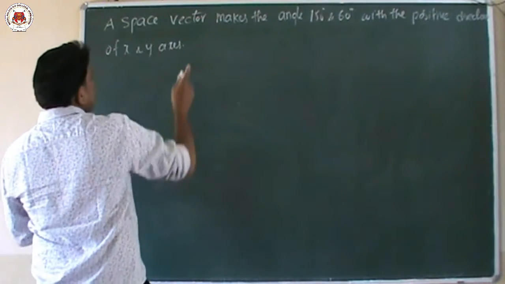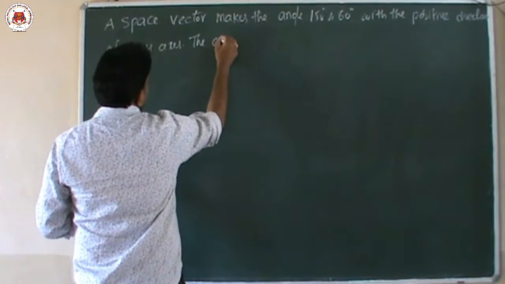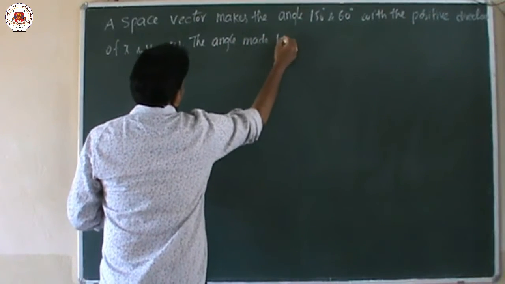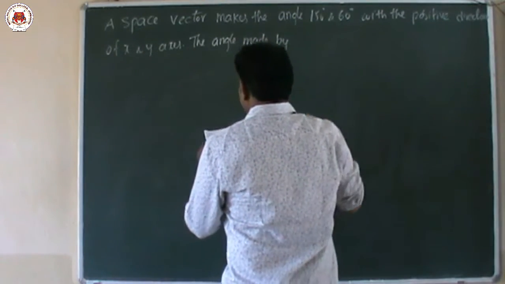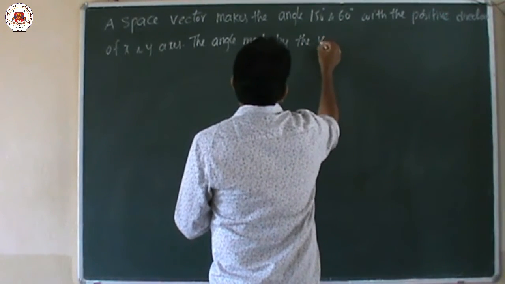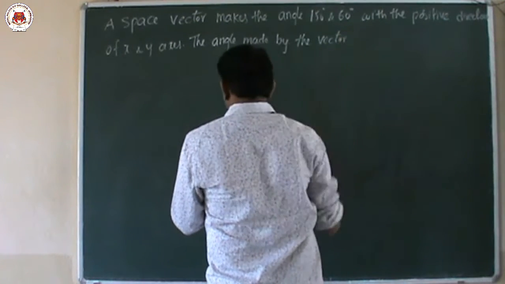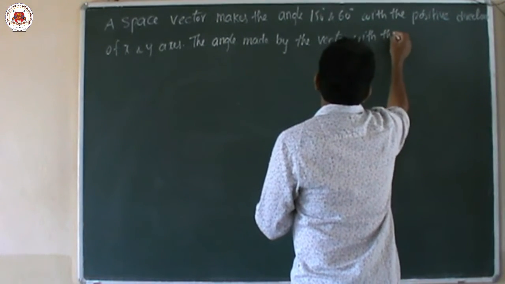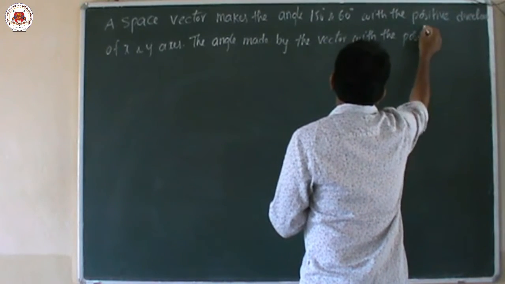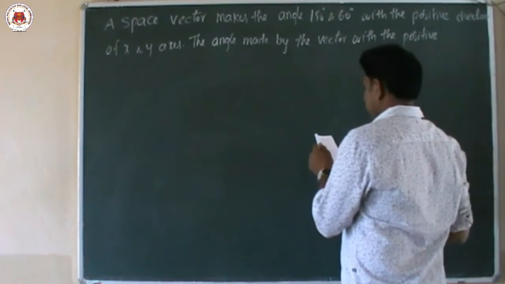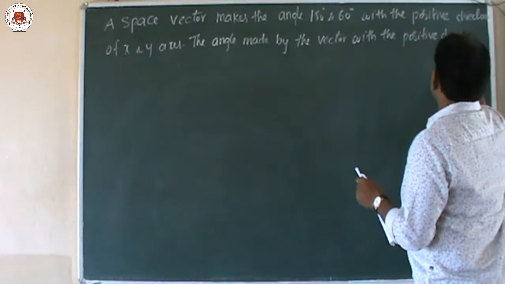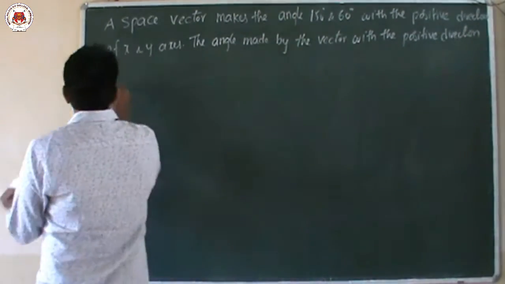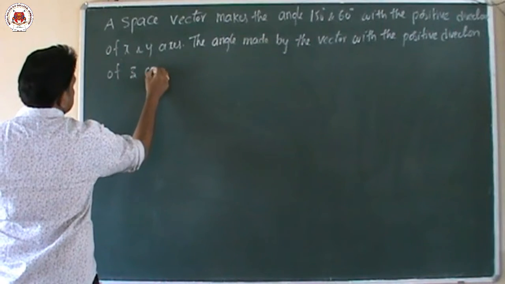The angle made by the vector with the positive direction of z-axis is. This is the question.